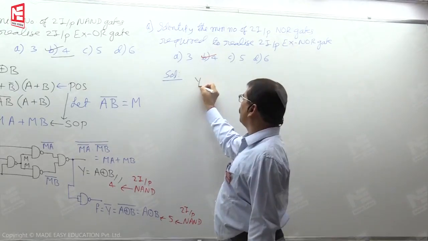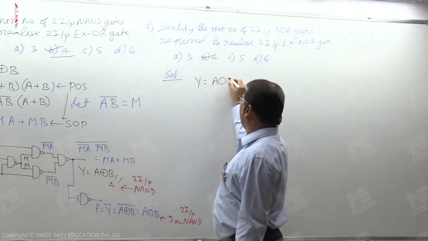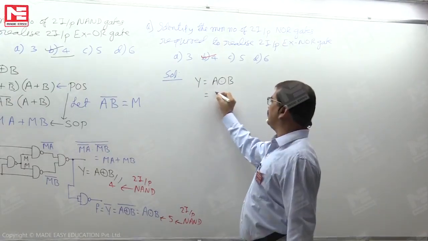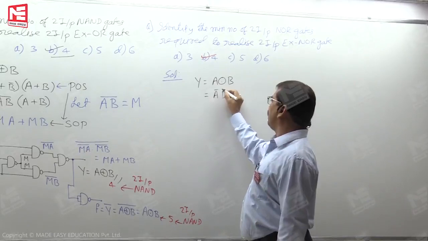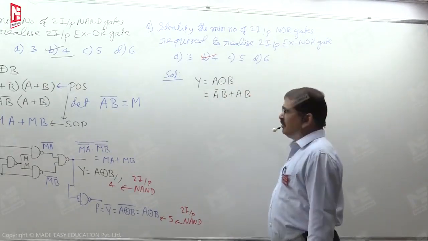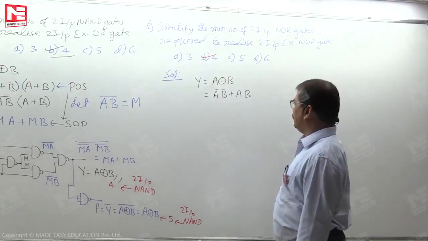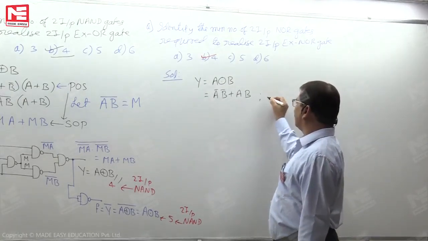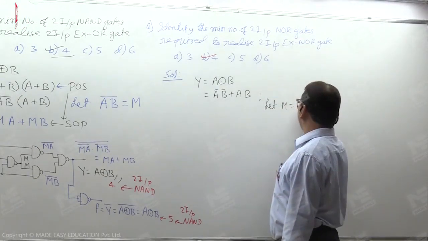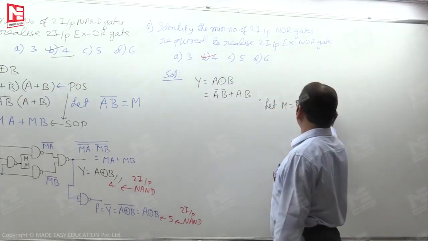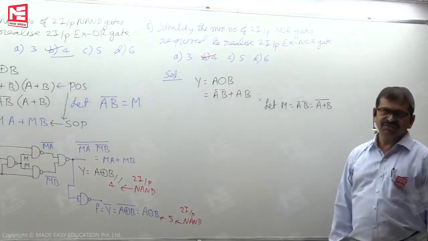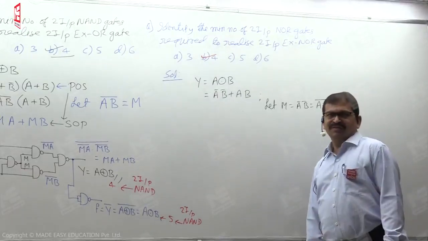The XNOR operation on A and B is possible to read in the SOP form as A complement B complement plus AB. Let us define M as A complement B complement.